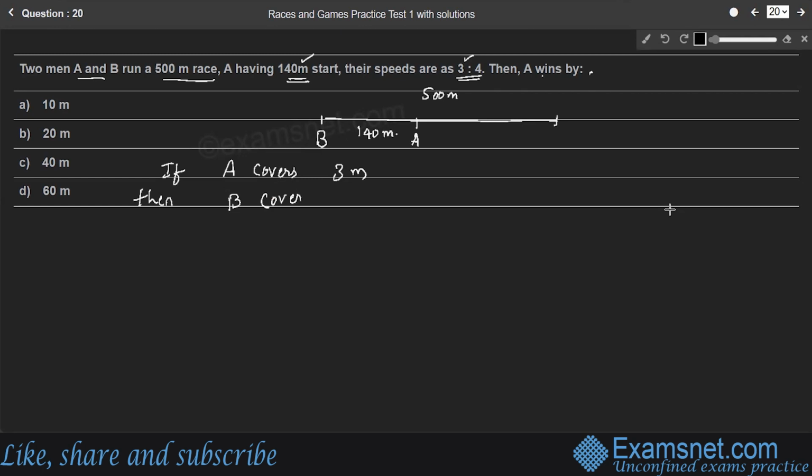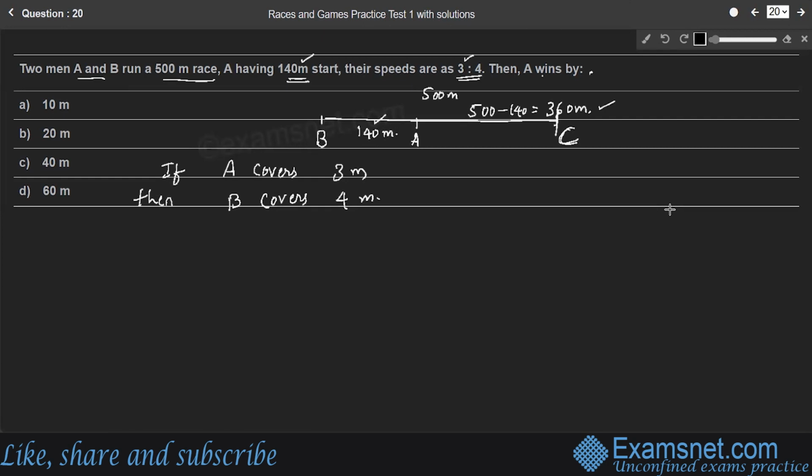A has to cover only 500 minus 140, which is 360 meters, because A is ahead of B. So A got a start of 140 meters, and no need to cover the whole 500-meter track. He has to cover only 360 meters, right?